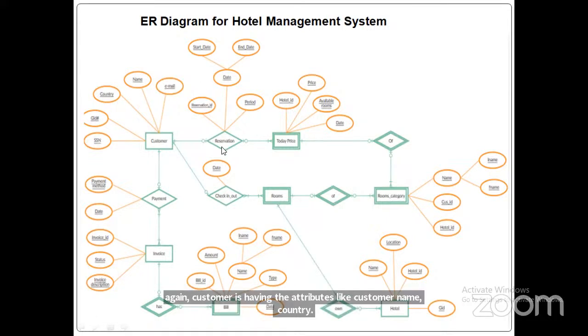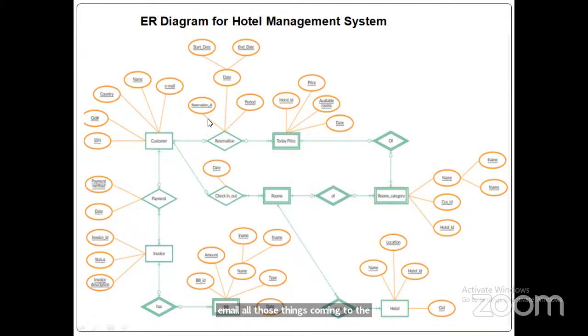Coming to the reservation: in a hotel we need reservation, right? Reservation ID, start date, end date, and how long they are going to stay. Today's price, available rooms, information like that you need to mention in the ER diagram. If you observe here, today's price is dependent on the reservation, that is why the double rectangle is there here also.